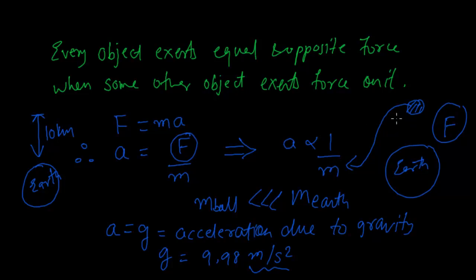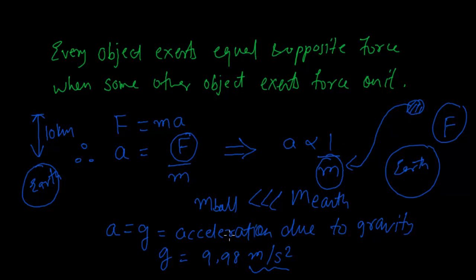If mass is small, acceleration would be really big. And the mass of the ball is indeed very small as compared to the mass of Earth, so acceleration would be very large. Hence it is seen that the ball always moves towards Earth and not the other way.